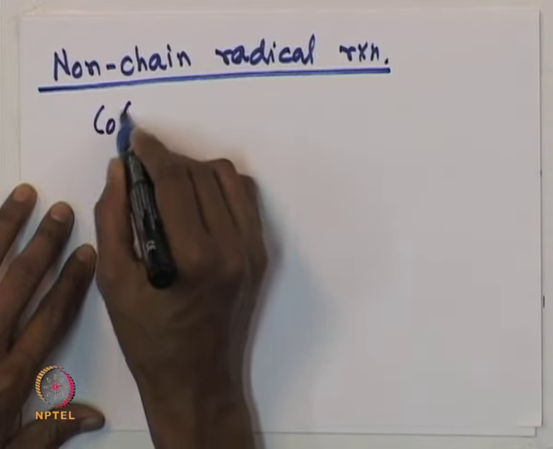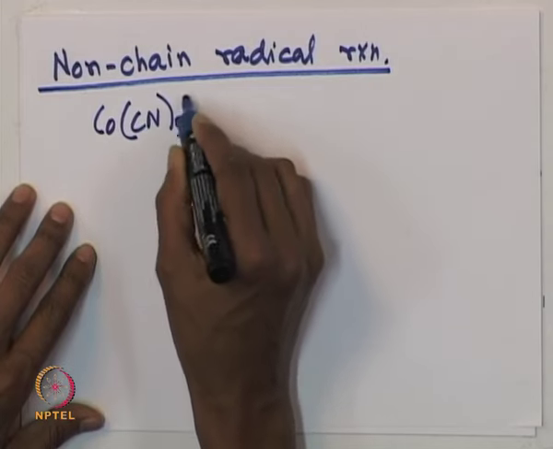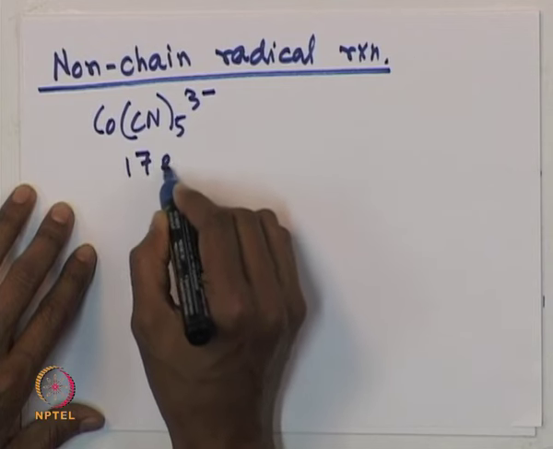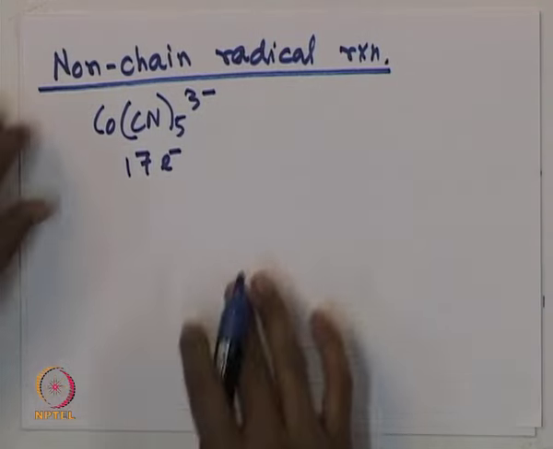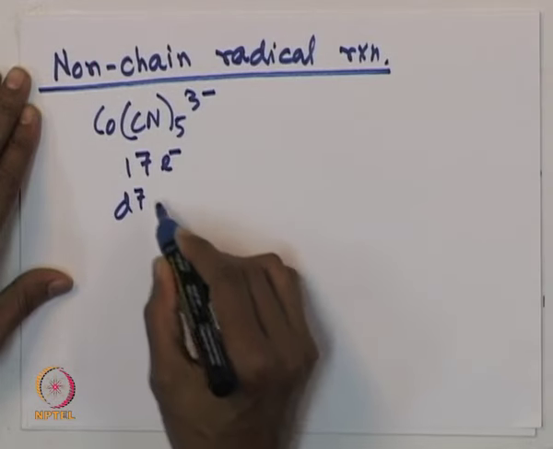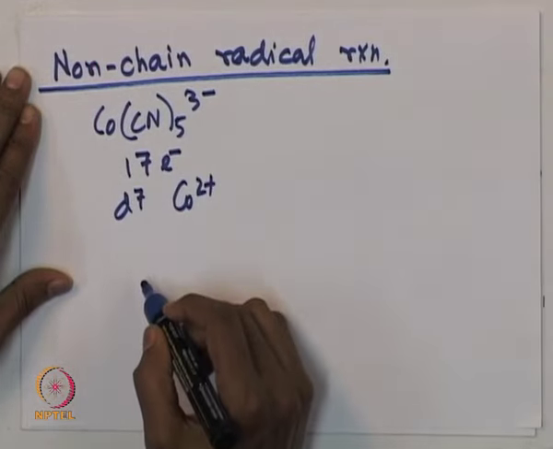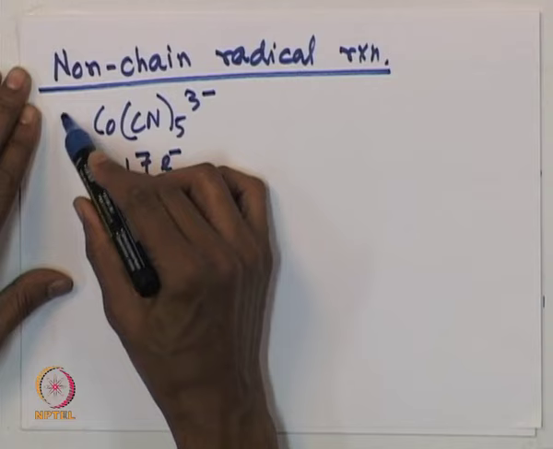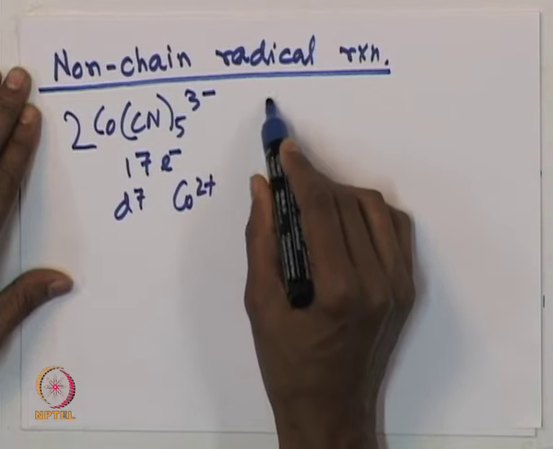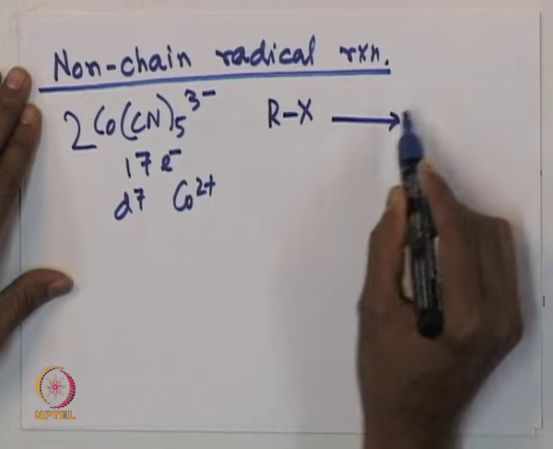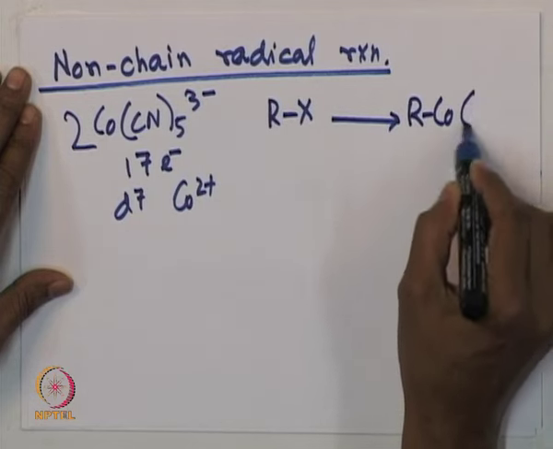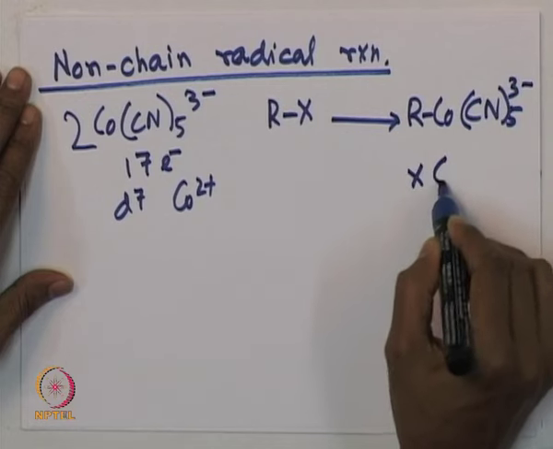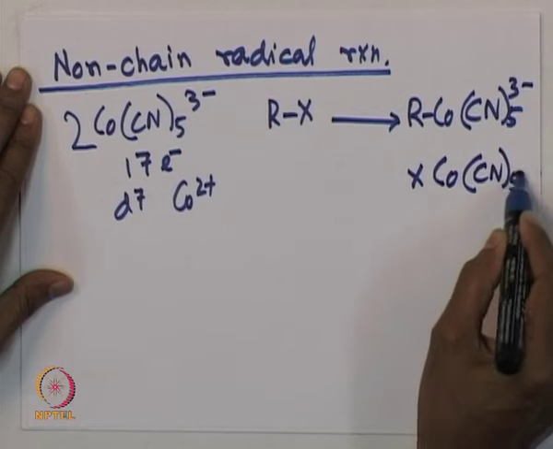Now, what could be a better complex than cobalt for an odd electron species? If you do the electron count, you will find that this is a 17 electron species. It is a d7 cobalt 2 plus, do the electron count, it will be d7. Now, two of these species will react with RX to give you RCo(CN)5 3 minus and XCo(CN)5 3 minus.